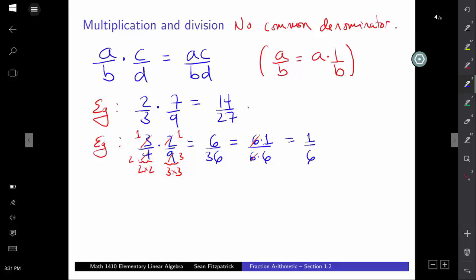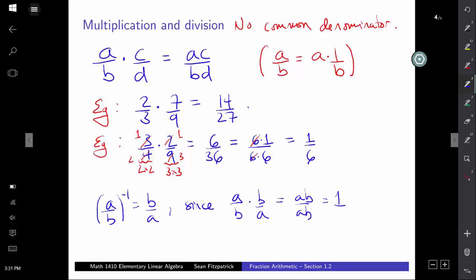And so you can see that the reciprocal of a over b must be b over a, since if I do a over b and multiply by b over a, I get ab over ab, which is 1. And so that means that if I want to do division, say a over b divided by c over d, division is the same thing as multiplying by the reciprocal, so this is a over b times d over c.